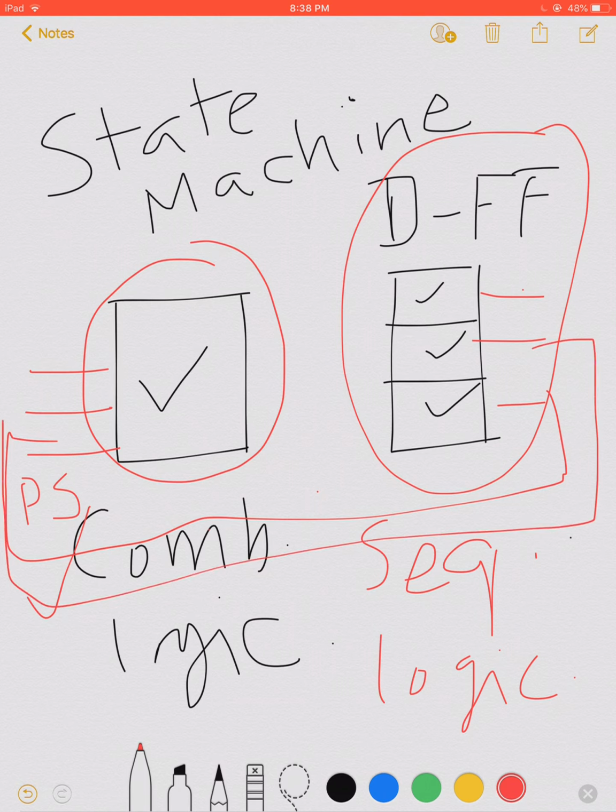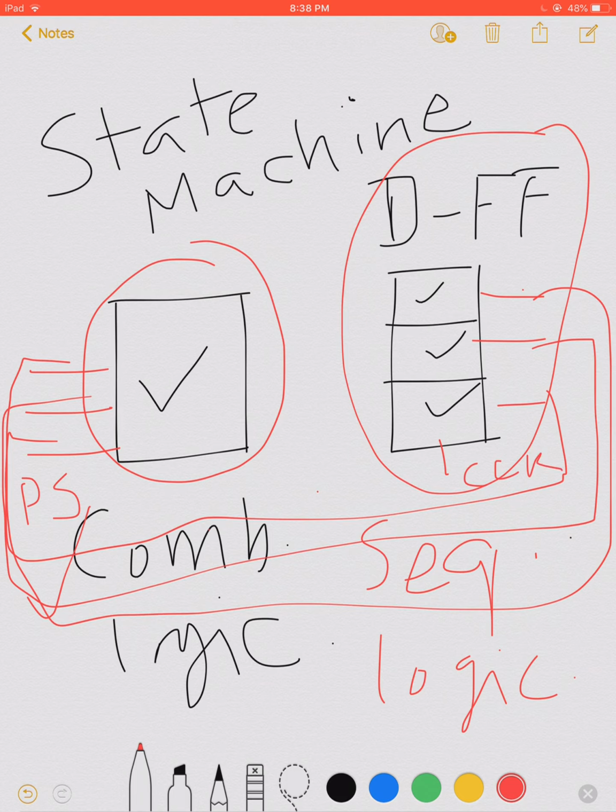The D flip-flops are driven by a common synchronous clock.